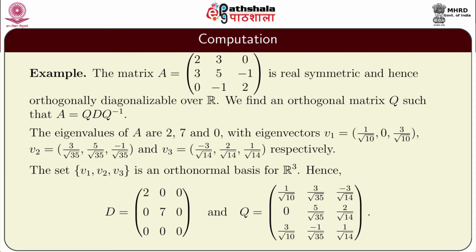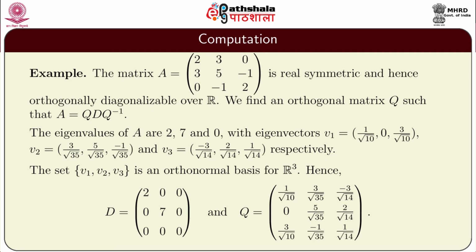Now, these three vectors form an orthonormal basis for R3, and therefore, the diagonal matrix D is given by 2 0 0 in the first row, 0 7 0 in the second row, and 0 0 0 in the third row.